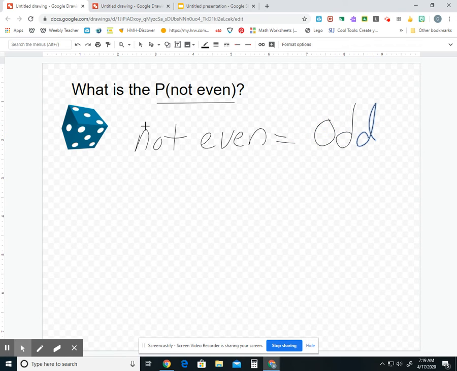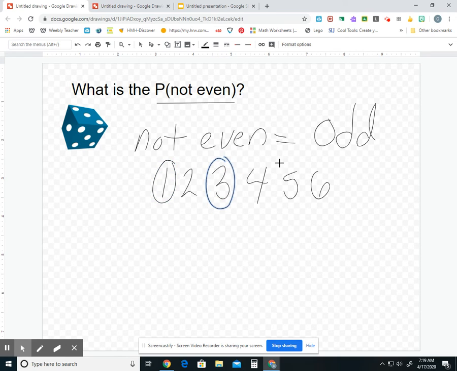So I have to think about all the numbers on a number cube. We talked about this last week. A number cube has 6 sides, so it would go from 1, 2, 3, 4, 5, and 6. And I'm looking for all the ones that are not even. They're in fact odd. So if I think about it, 1 is odd, 3 is odd, 5 is odd, okay?